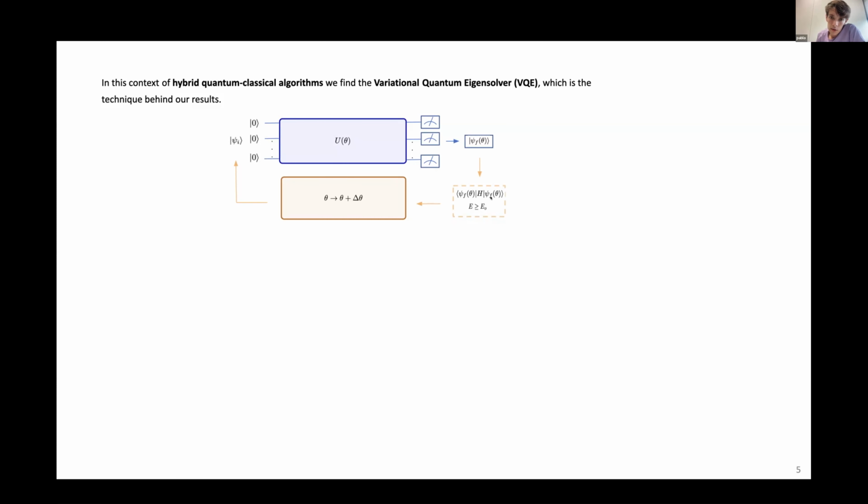And in order to do that, you will go through a two-step algorithm. The classical side of your algorithm, the one carried out by classical means, will dictate how the variational parameters should evolve in order to advance towards the ground state of your Hamiltonian or your cost function.